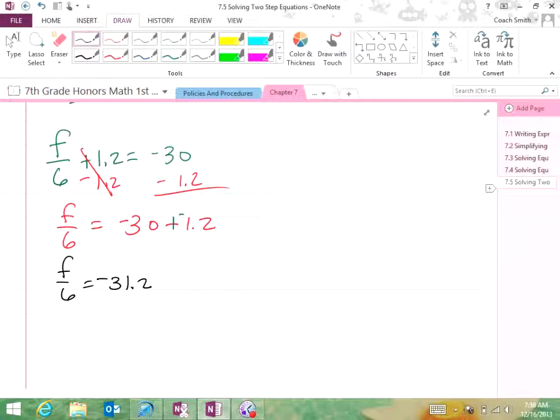Now, to get rid of the 6, to get f by itself, which is what we're doing when we're solving, we're trying to get the variable by itself. To get f by itself, I have to multiply both sides by 6. These two 6s cancel, leaving me f is equal to negative 187.2.